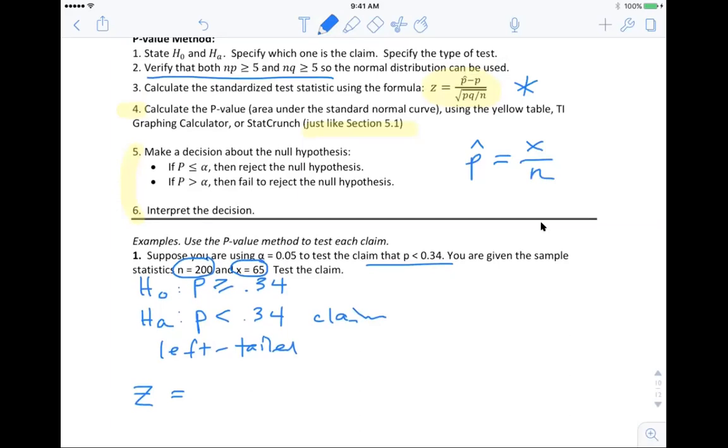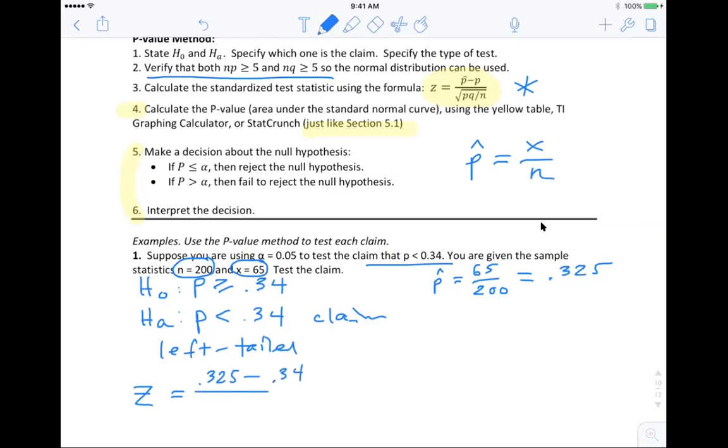So in this problem, my p hat is going to be 65 divided by 200. 0.325. All right, so that's what I'm going to put for p hat, 0.325 minus p. Anytime you see p, just look back at your hypotheses and use that number. So that's going to be the 0.34.